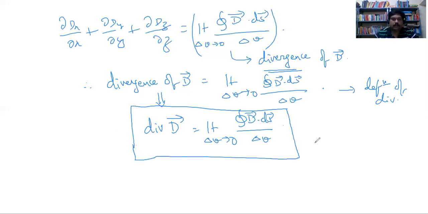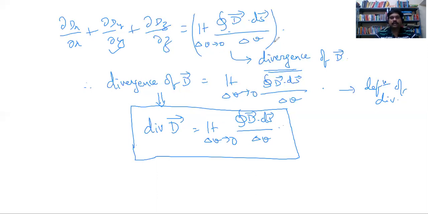Now this is mathematically true, but there is a problem. It's not practical at all. So we will not take this definition. Rather, we will take the equivalent one, which is this one. We have equated some quantity on the LHS to a quantity on the RHS.